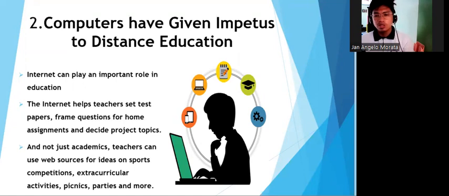So, in the internet, magkakaroon tayo ng ideas because we can connect with other teachers using the internet. We can ask them for ideas and knowledge at kung ano-ano pa na pwede nating pulot using the internet.